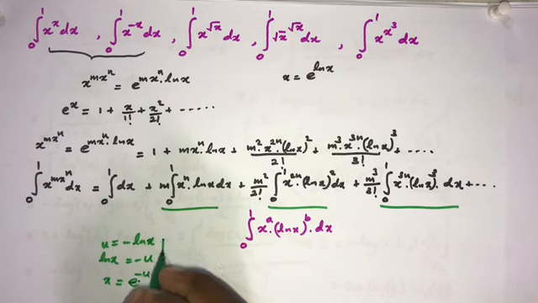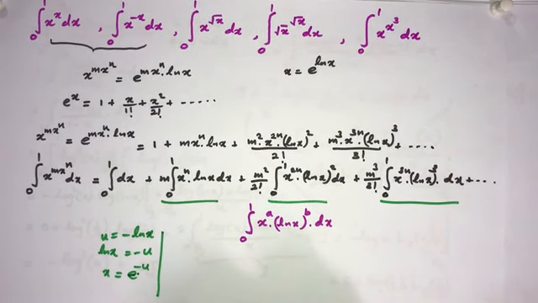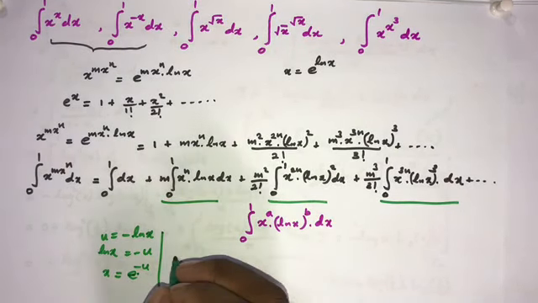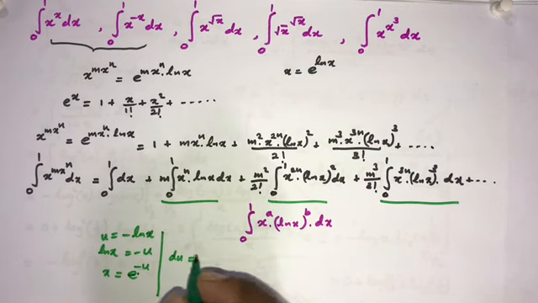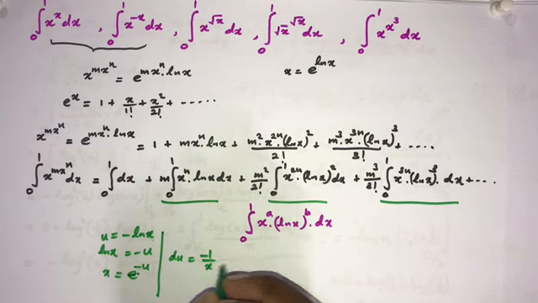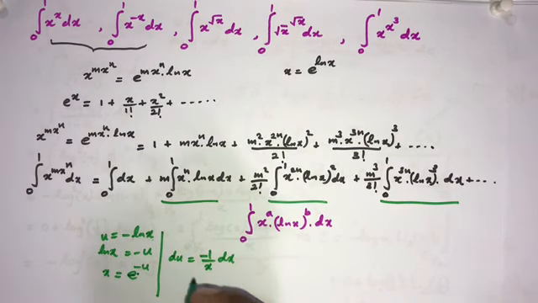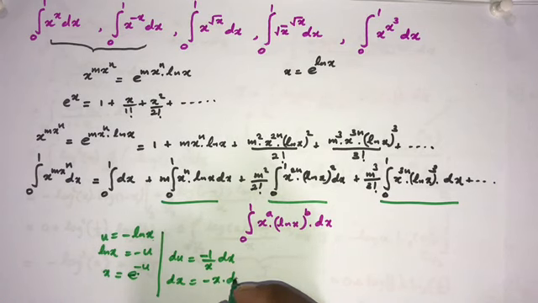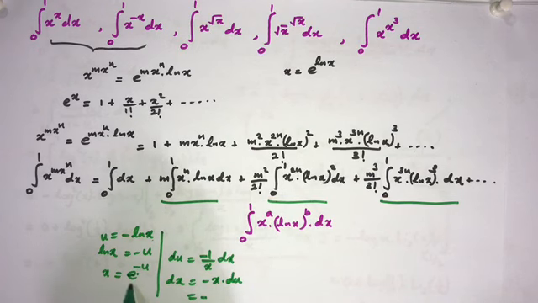Now we can differentiate. du is equal to minus 1 over x dx, so dx is equal to minus x du, which is minus e to the minus u du.